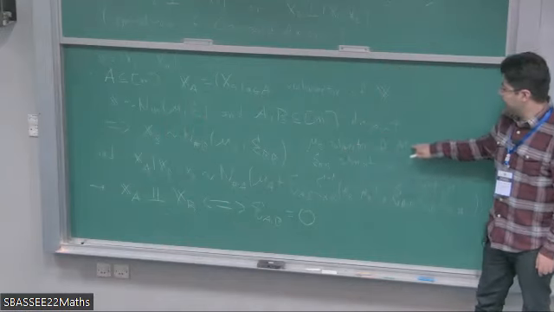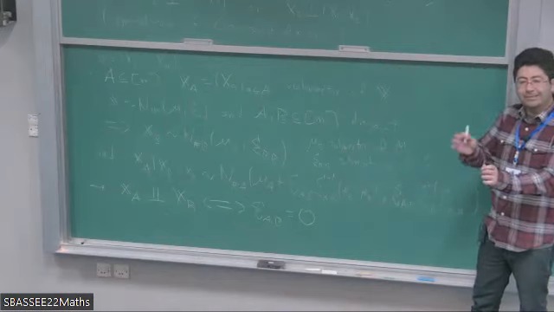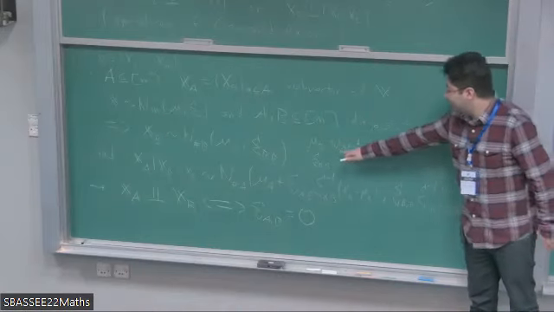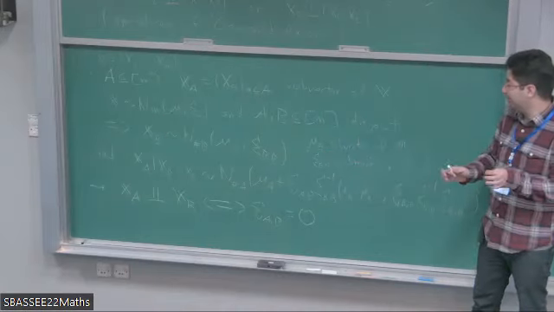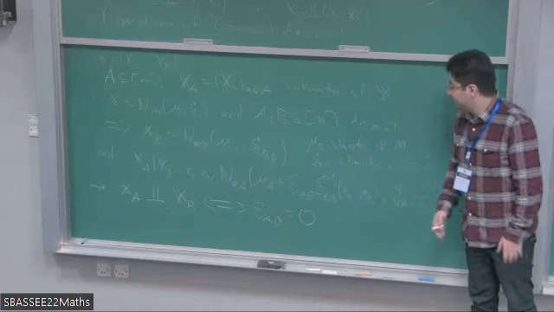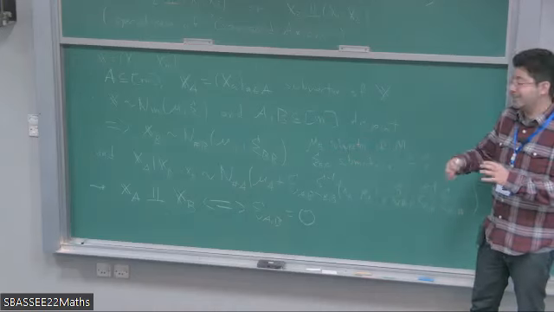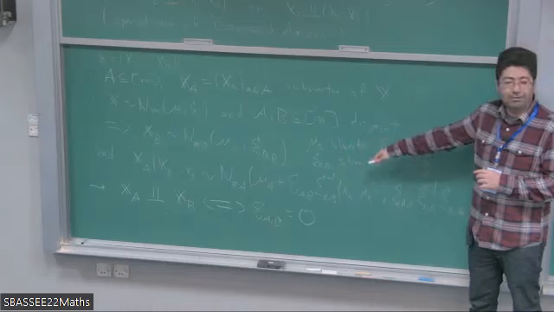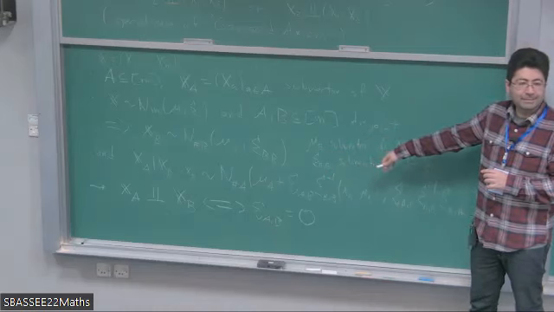Mu B is just the entries whose indices are in B. And sigma BB is the submatrix that has rows in B and columns in B. Does that make sense?